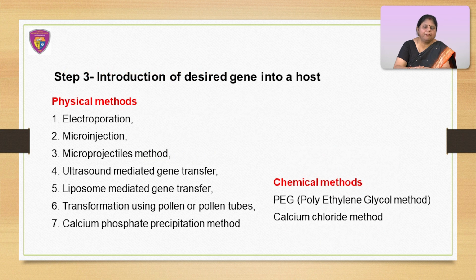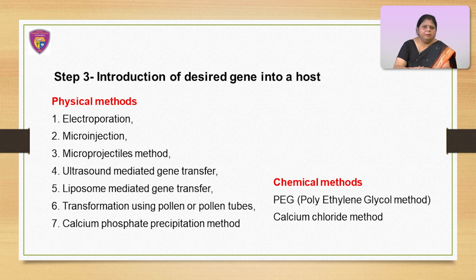So, our third step will be the selection of suitable host for transferring this recombinant DNA. Various methods are used for this, physical as well as chemical. Now, physical methods include electroporation, microinjection, microprojectile methods, ultrasound mediated gene transfer, liposome mediated gene transfer, transformation using pollen or pollen tubes, calcium precipitate method.